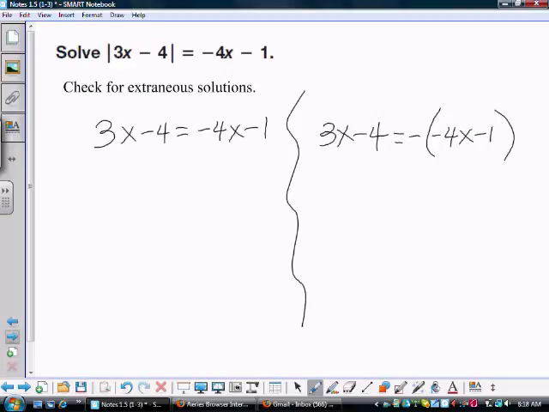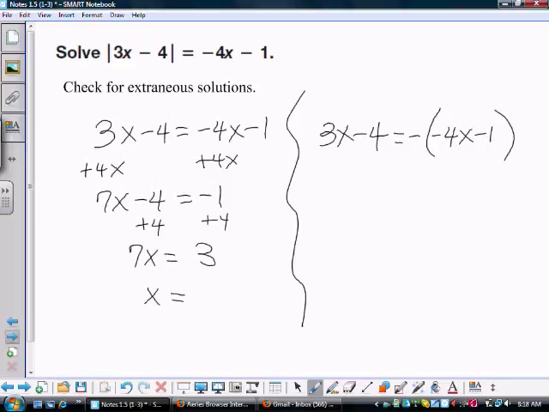I think I'll add 4x to both sides of this equation and get 7x minus 4 equals negative 1. Add 4 to both sides of this equation and get 7x equals 3, and x equals 3/7.